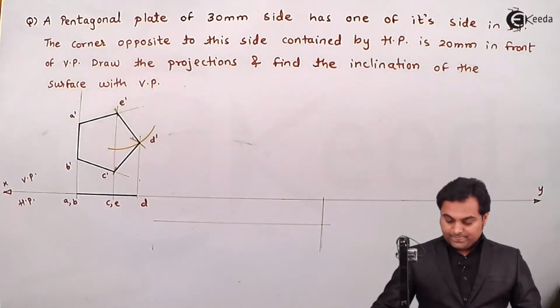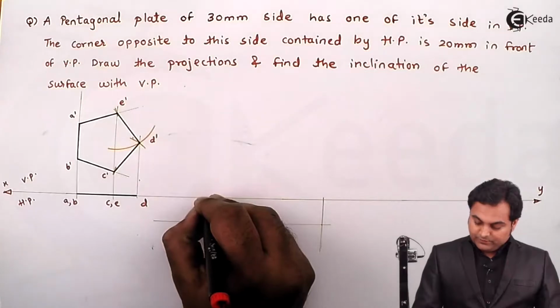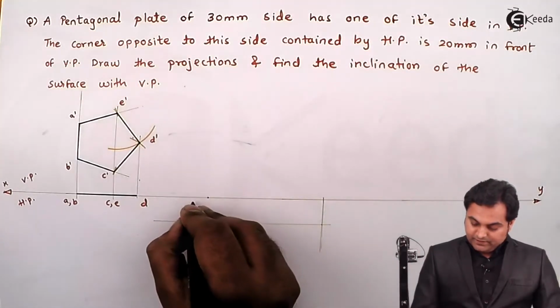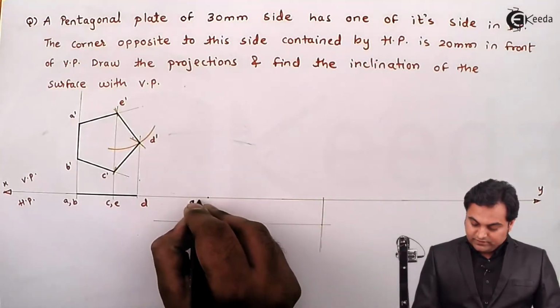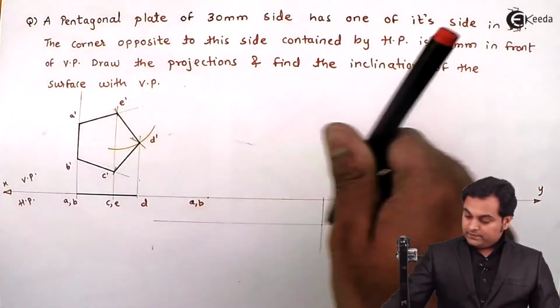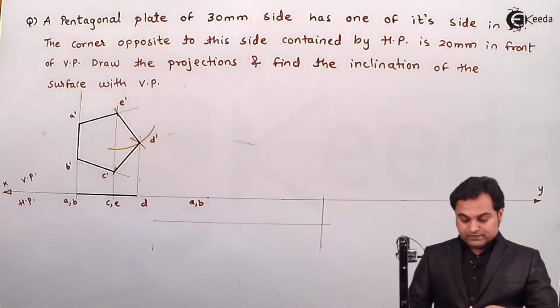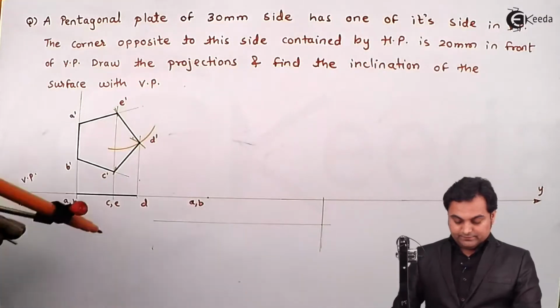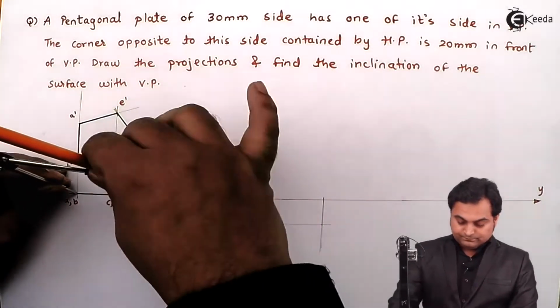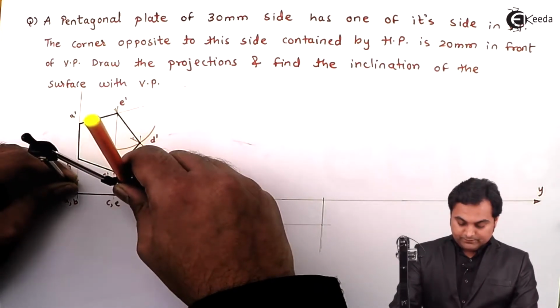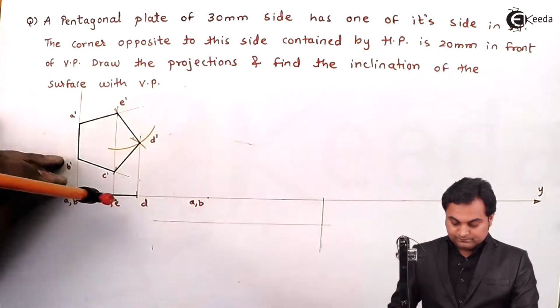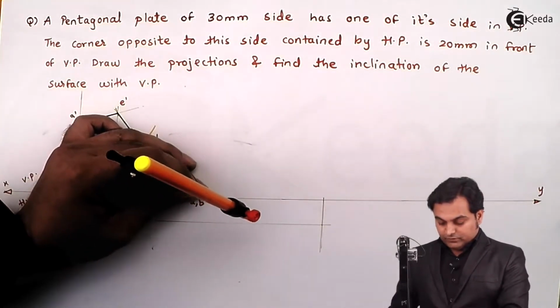For that, first I'll mark a point as AB, which is a fixed edge. Then I'll measure the length of the cutting plane from AB up to D, keeping it over here.